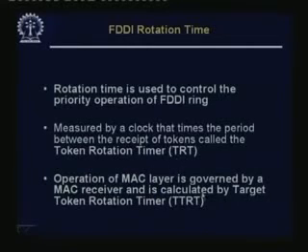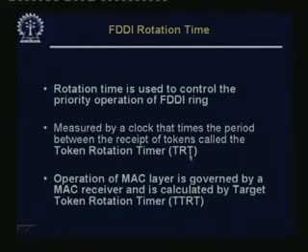So, TTRT, of course, usually you would expect that under normal conditions, when the load is moderate, the token rotation time would be less than the TTRT. That is when the node is moderately loaded. By comparing TRT with TTRT, we can find out how loaded the system is.